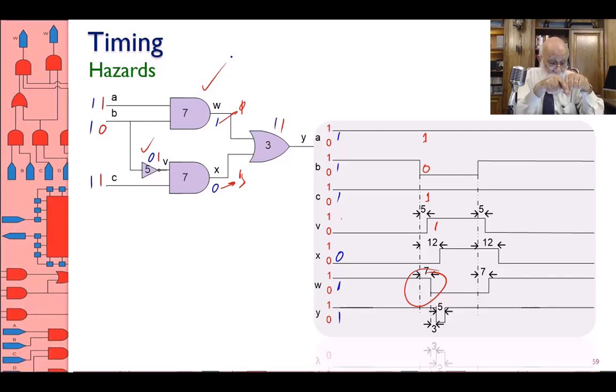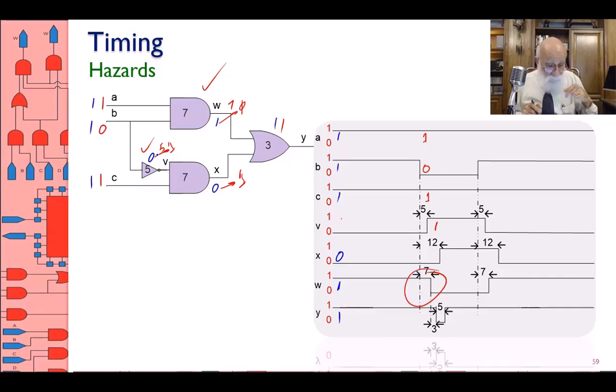W became 0 after 7 nanoseconds. The inverter output became 1 after 5 nanoseconds. The initiation was exactly at the same time, when B changed to 0.